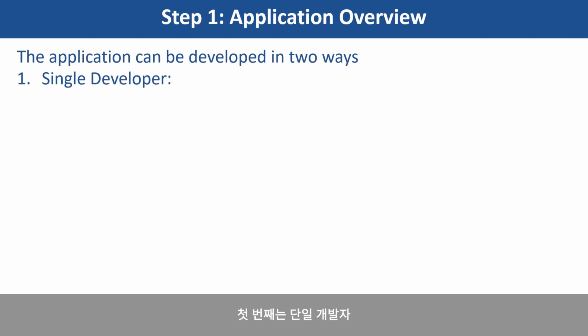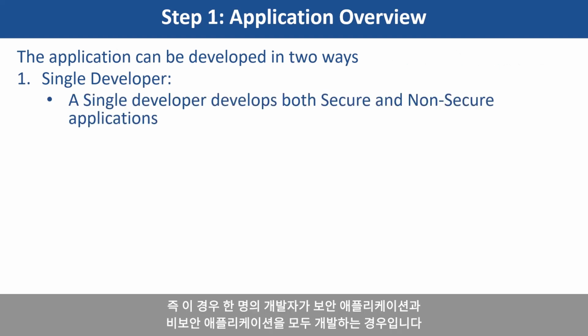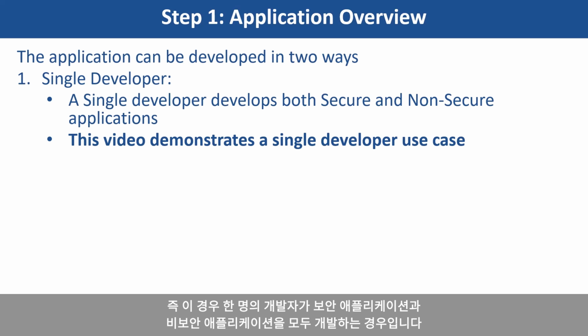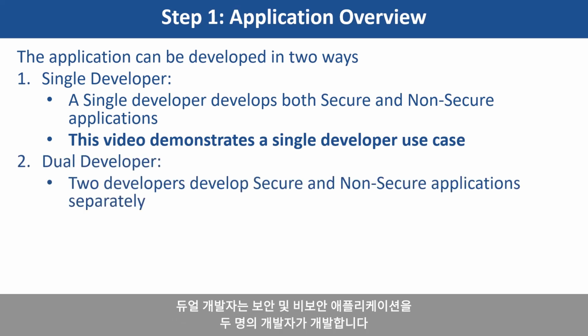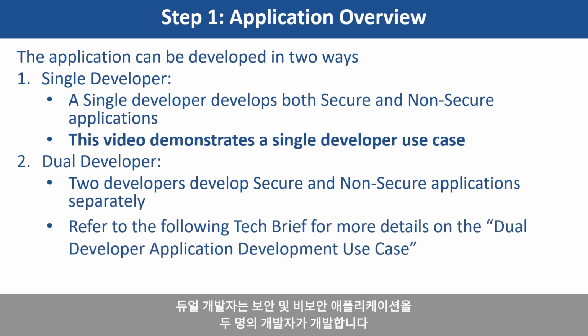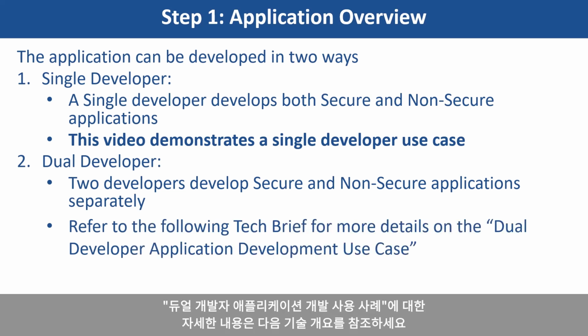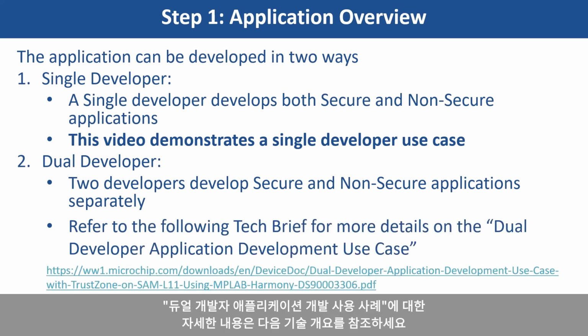First is the single developer, that is, in this case, the single developer develops both secure and non-secure application. In dual developer, secure and non-secure application are developed by two developers. Refer to the following tech brief for more details on the dual developer application development use case.